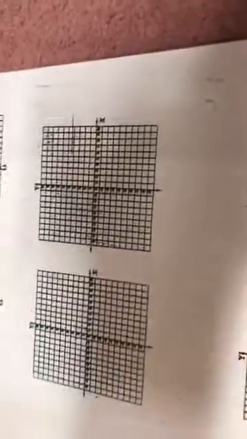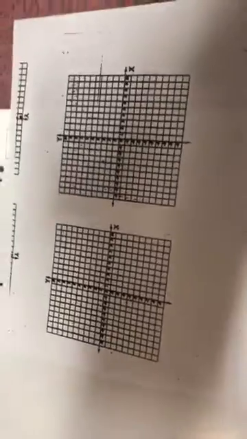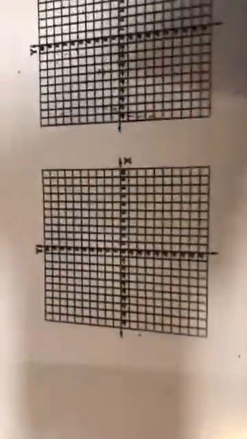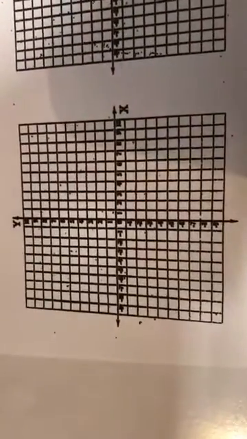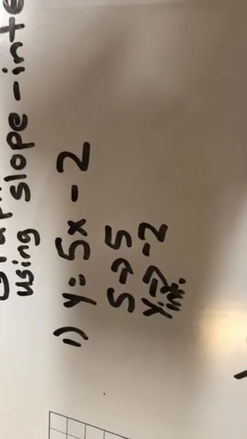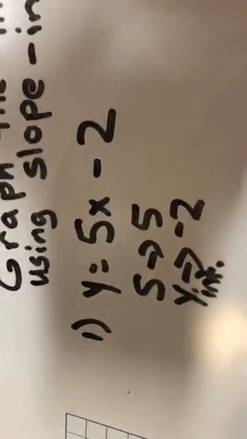Well, this is where you're going to need to get some graph paper. I know my video is not professional work, but that's okay. We have our graph. And first of all, we're going to start with the y-intercept. Because when you have the y-intercept, that is the y-coordinate when x is 0.